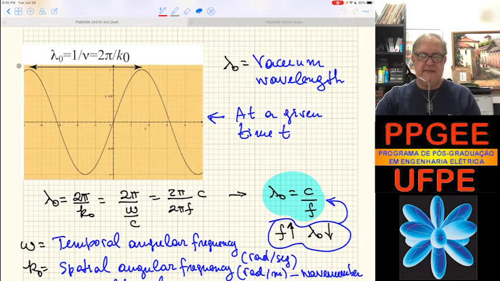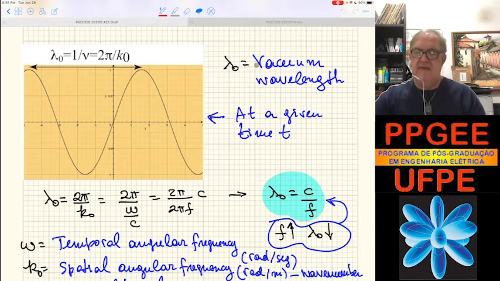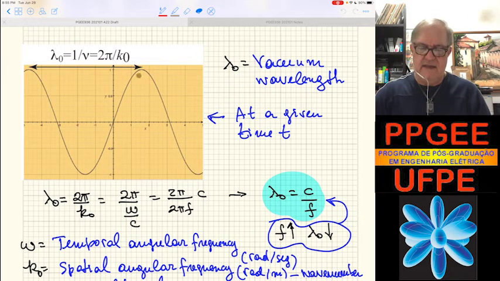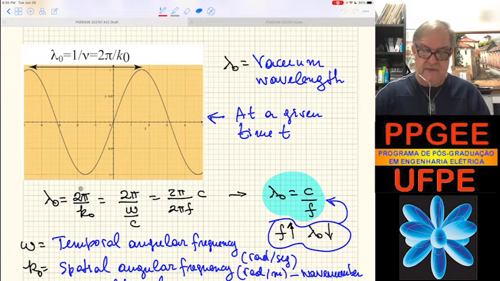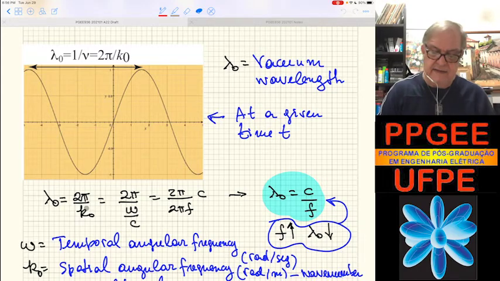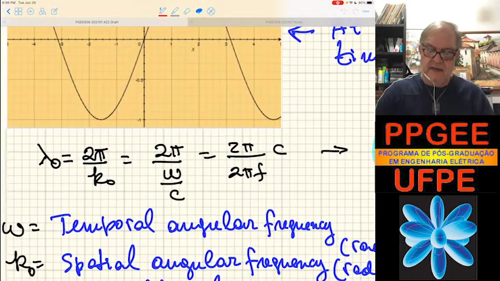Let's look at the space. The period, which we call the wavelength, because we are in vacuum this is going to be called the vacuum wavelength, equals 2 pi divided by k0, which is the wave number. So it's 2 pi divided by k0, which is omega over c.